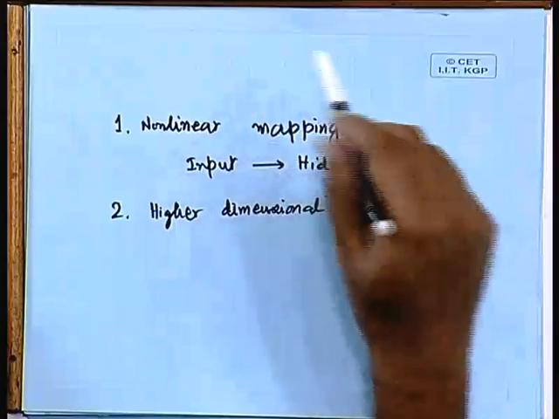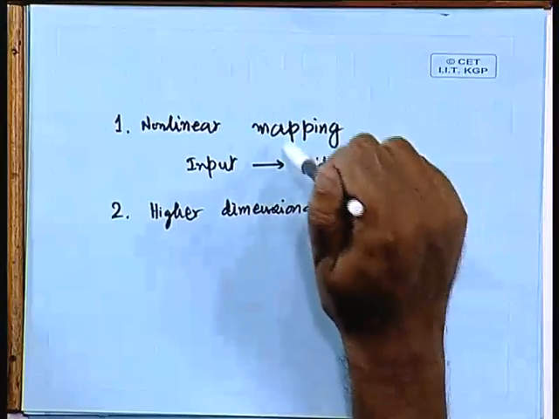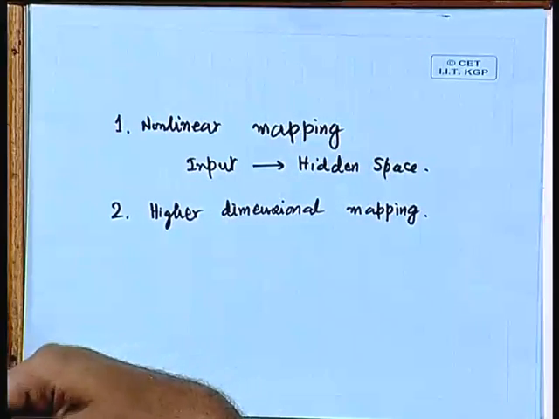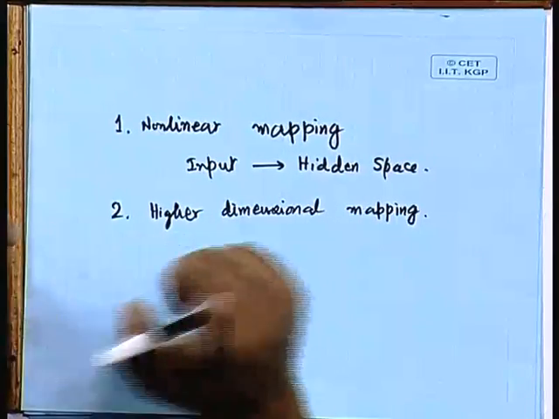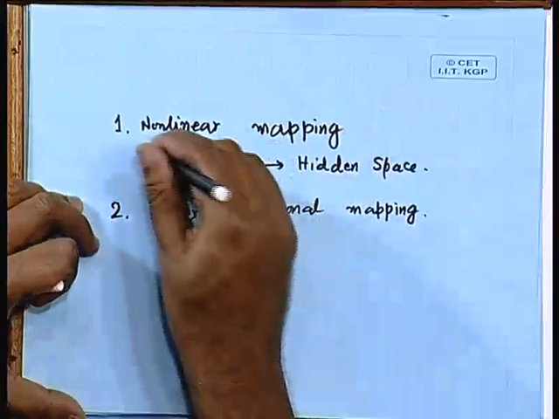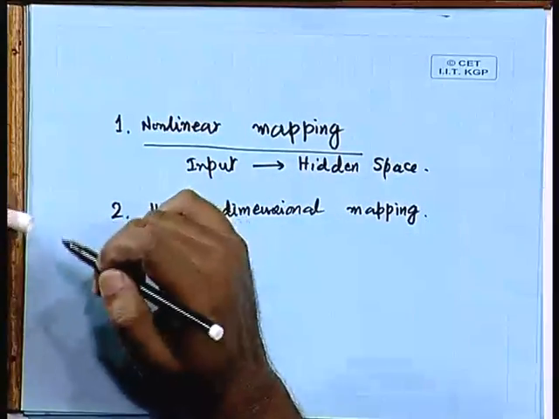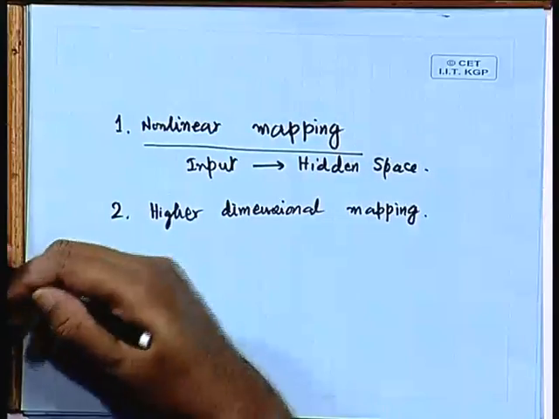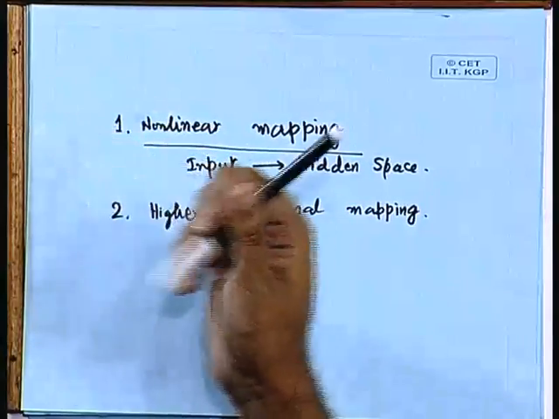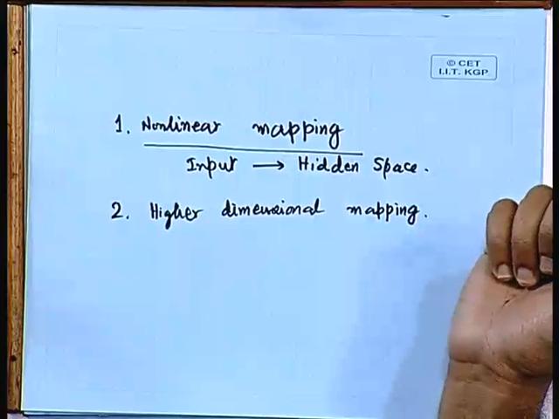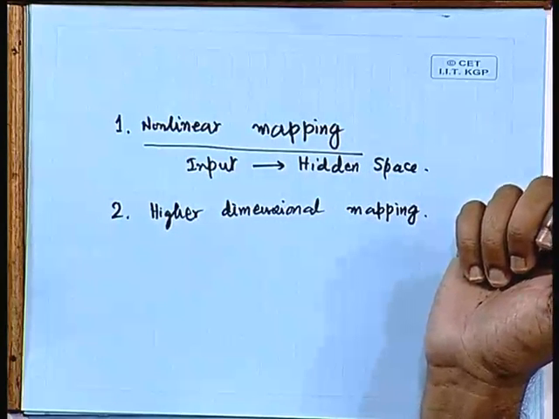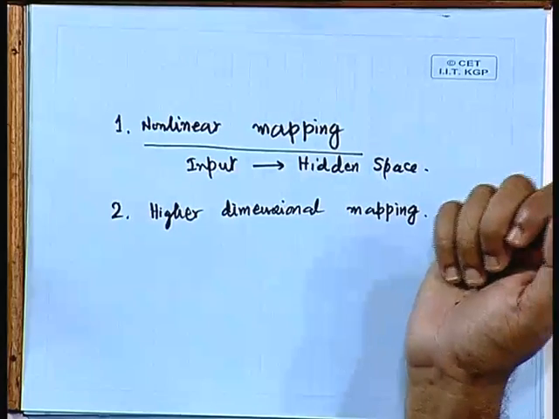Now, these two points that we have got out of Cover's theorem are nonlinear mapping and higher dimensional mapping. Of these, the essential one is the nonlinear mapping. Higher dimensional mapping is indeed preferable, but of course that increases the cost, because if you keep too many hidden neurons as radial basis functions, then you are increasing the cost of the system.